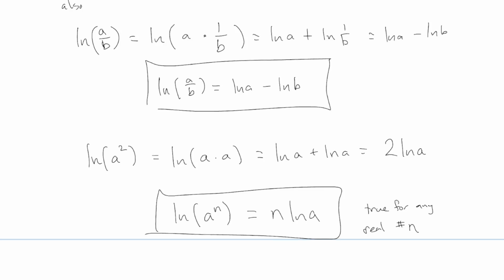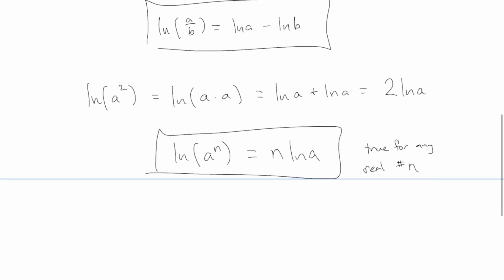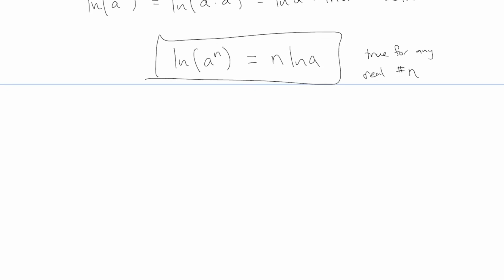Anyway, these rules, we can use them all together, and you'll see some things on the homework next time around. We can simplify stuff involving logs using some combination of these rules.